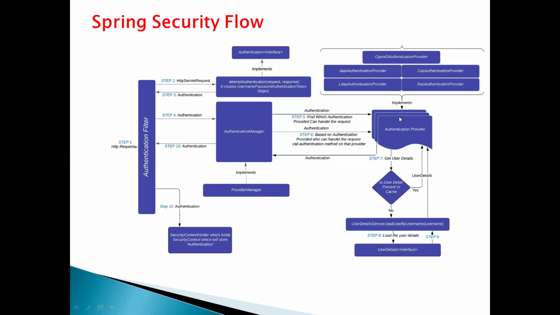We have a lot of providers: how to do username-password authentication, how to create your user. This is the complete security flow diagram, and you will understand it by the end of the course, not at the starting point. We will use live examples for each concept, so it will be easy for your development. If you want to be strong in security, this is sufficient.